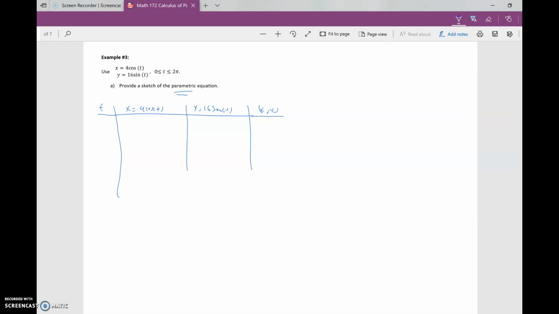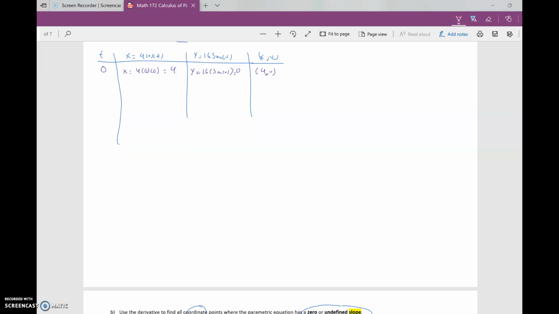Okay, so let me start with 0. And at this point, we're going to get x is equal to 4 times the cosine of 0. Y is equal to 16 sine of 0. So this is going to give us, this is supposed to be cosine. So 4 comma 0. So 4 comma 0 is our first coordinate point.